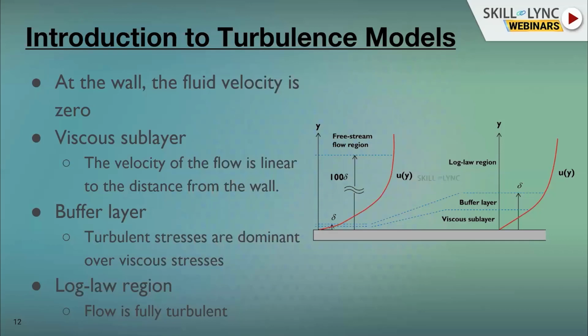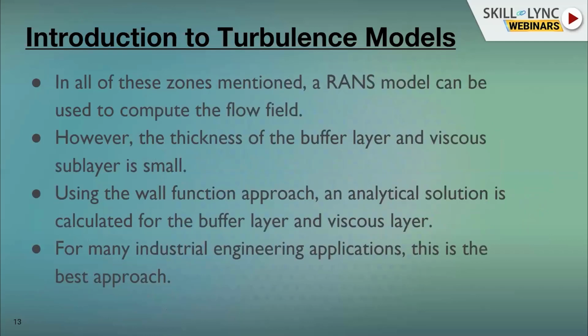So that is what is being addressed using turbulence modeling. Usually the commercial software available in the market, be it Fluent or Star CCM or whatever, all those are RANS models. RANS is nothing but Reynolds averaged Navier-Stokes equations, which are used to compute the flow field.